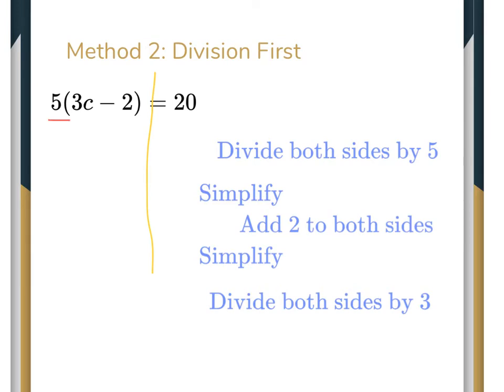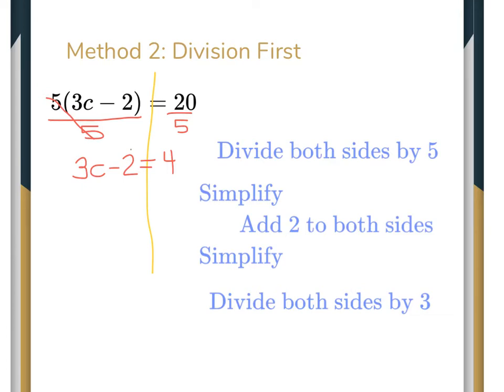Well, the inverse of multiplication is dividing. So we can divide this side by 5, which means we have to divide the other side by 5. Once we do that, we are left with 3c minus 2, and 20 divided by 5 is 4. Now you're here at your two-step equation.